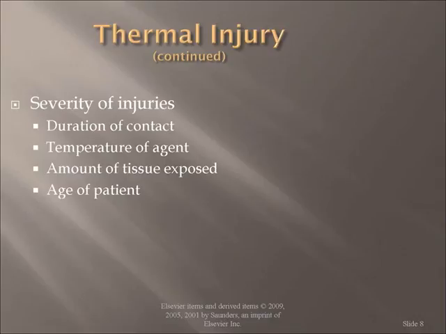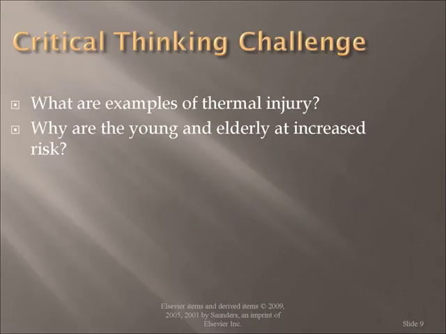The severity of the injury is determined by the duration of the contact with the agent, the temperature of the agent, how much tissue was actually exposed, and of course the age of the patient. So in a critical thinking question, what would be some examples of a thermal injury? And why do you think the young and the elderly are at an increased risk?